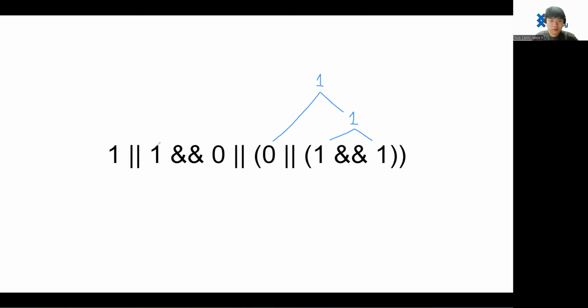So let's check it out. So 1 and 0, true and false. The answer is false. So that's a 0. Now there are no more and statements. We can now go to the or. And we solve the or statements from left to right. So 1 or 0, that is 1.